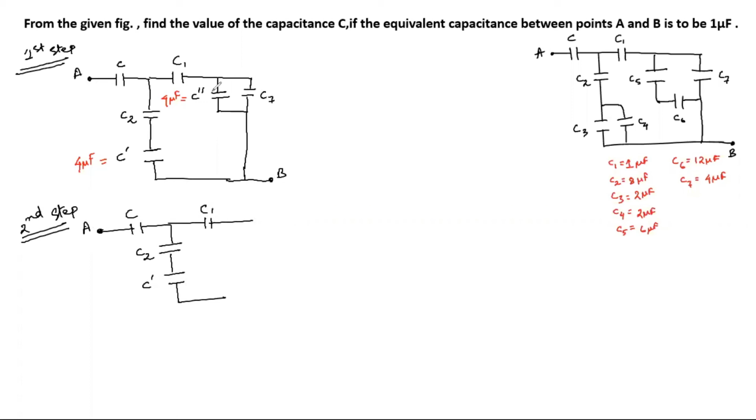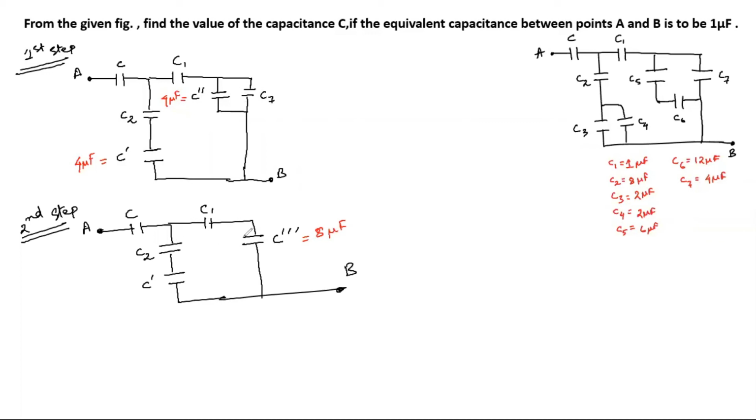And when we find the parallel capacitance of these two, we will have a net capacitance, let's say C triple dash. Since they are parallel, we are just going to add them. So C7 is 4 microfarads, and C double dash is again 4. So C triple dash is going to be 8 microfarad. Okay? And this leads to point B.